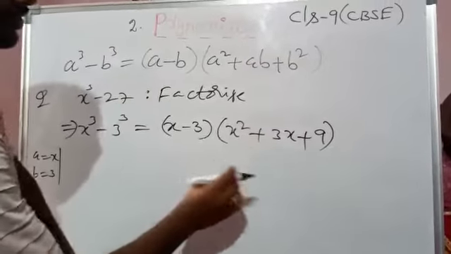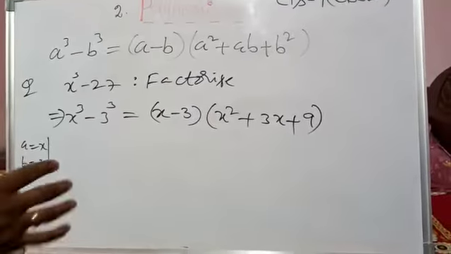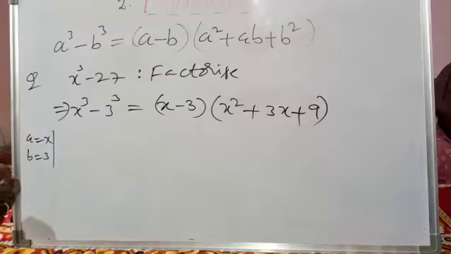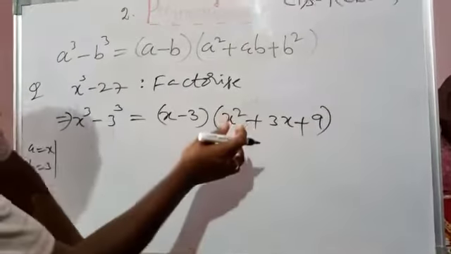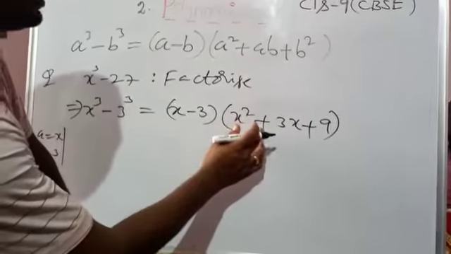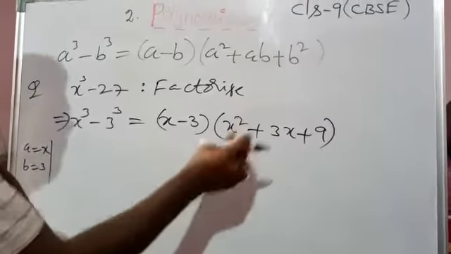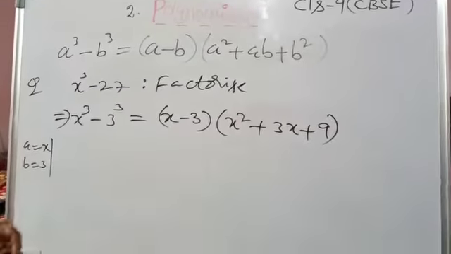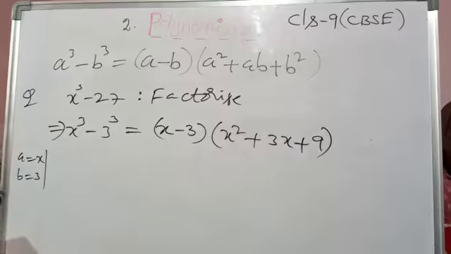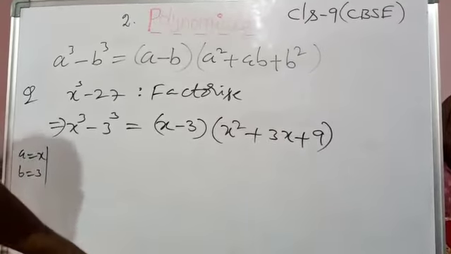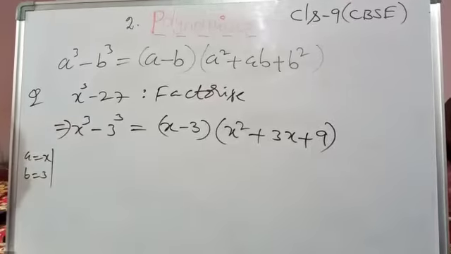As we know, how can you factorize quadratic polynomials? By splitting the middle term, students. Here we have x square plus 3x plus 9, so first we have to decide whether we can split the middle term of this quadratic polynomial. Here we cannot split this one, students.